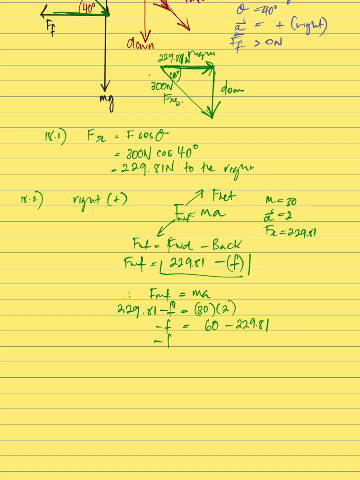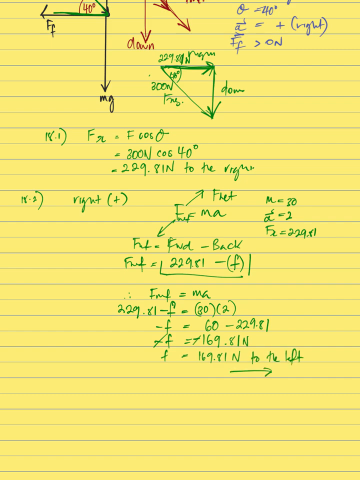And that's going to give me negative force of friction is equal to 169.81 newtons. Minus that, sorry, minus cancels out. And force of friction is equal to 169.81 newtons to the left.